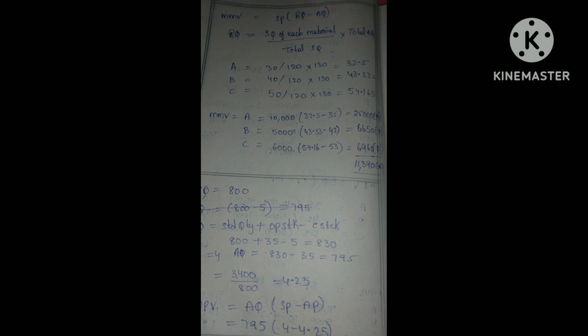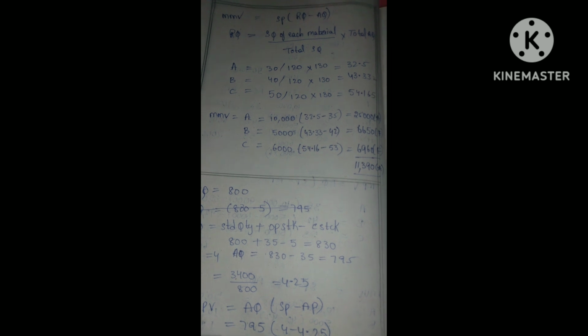In material A, standard quantity of each material is 30, total standard quantity is 120 and total actual quantity is 130. So 30 divided by 120 into 130, we will get 32.5. In material B, standard quantity is 40, so 40 divided by 120 into 130, we will get 43.332.